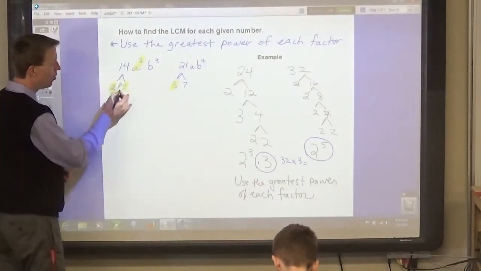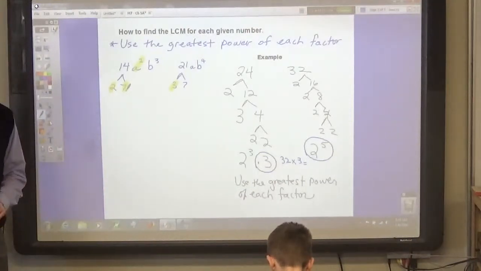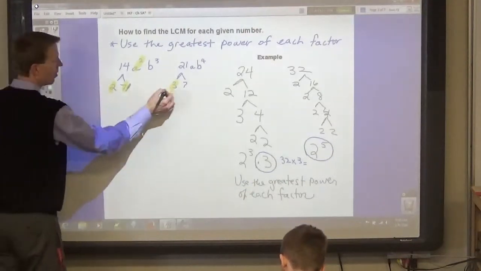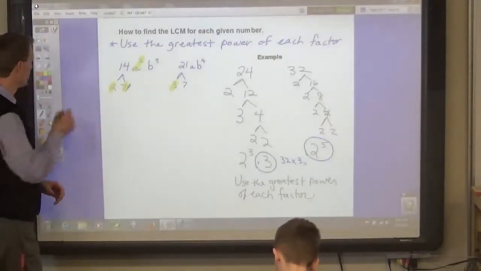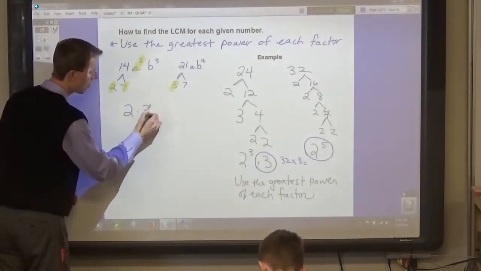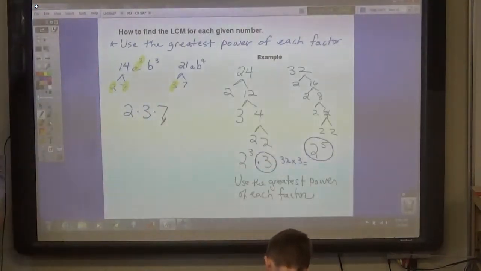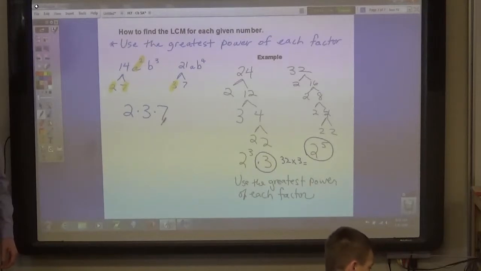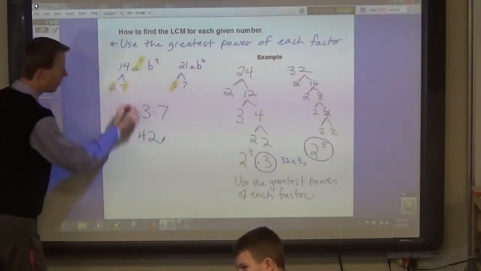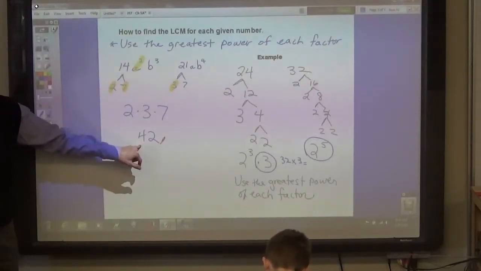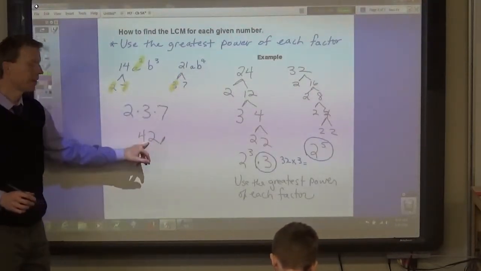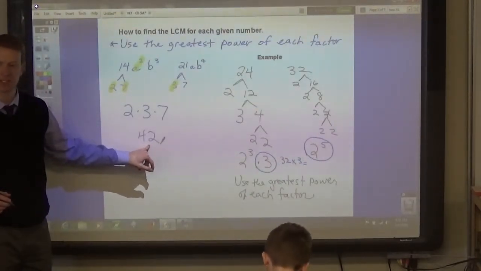Since we have 2s, 3s, and 7s, we use a 2 and a 3 and a 7 to get the number: 2 times 3 times 7. What's 2 times 3 times 7? 42. Does 14 go into 42? Yeah. Does 21 go into 42? Okay, good.